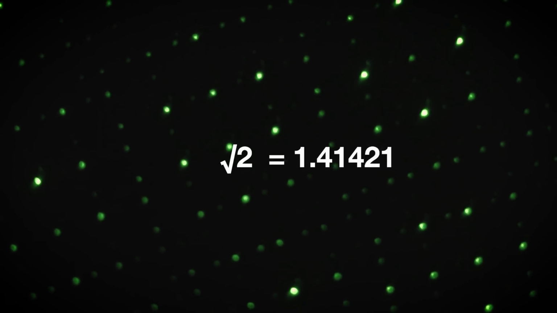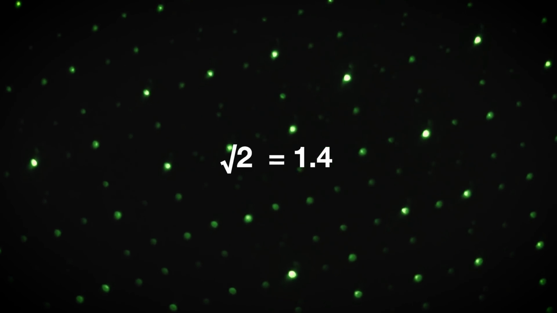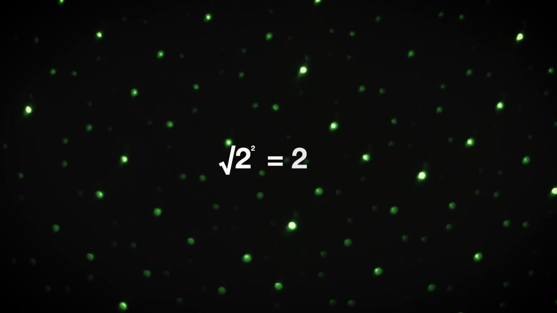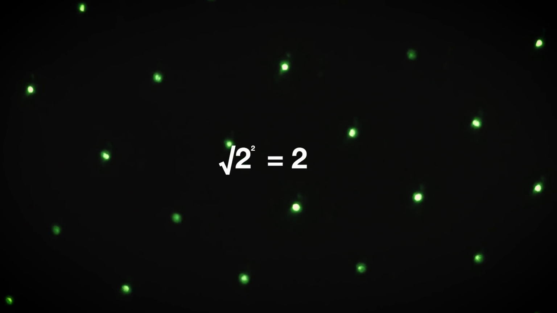Start with the root of 2. 1.4. That's a familiar number, right? This 50mm lens is set to f1.4, and let's say I want to reduce the light by half, or one stop. What is the root 2 raised to the power of 2? It's 2, or f2.